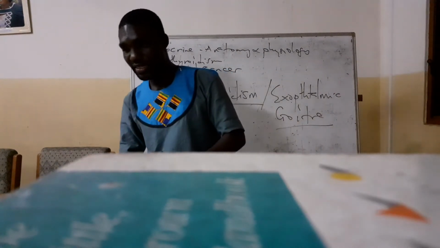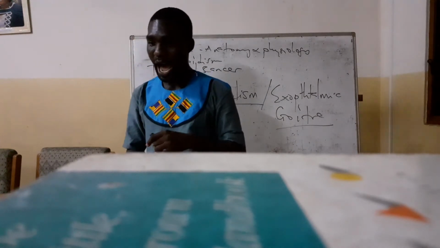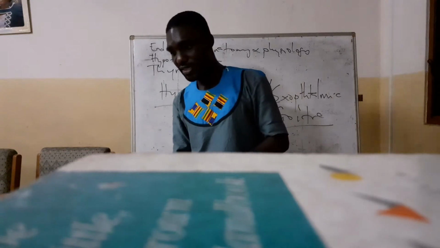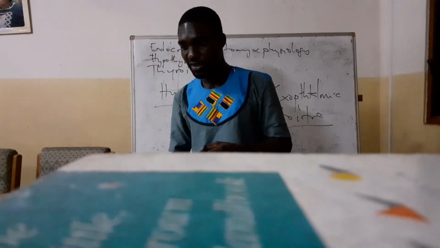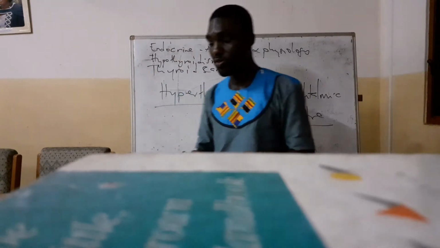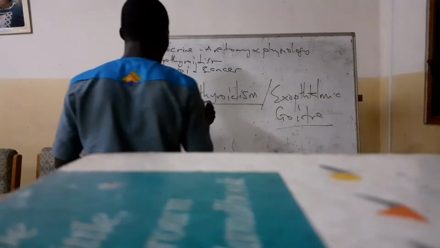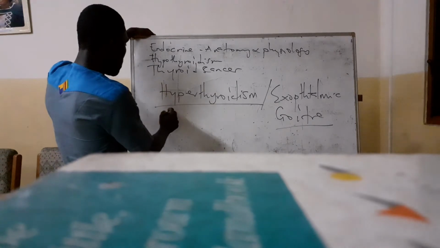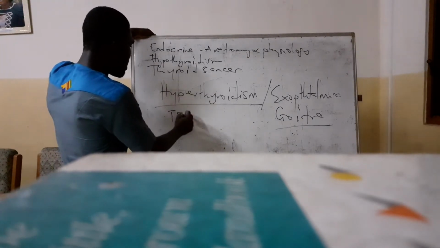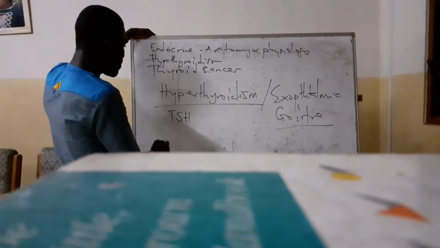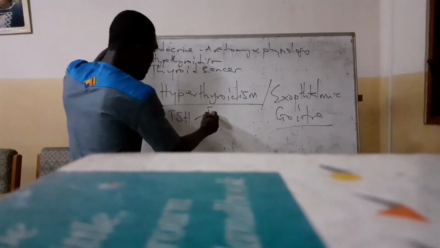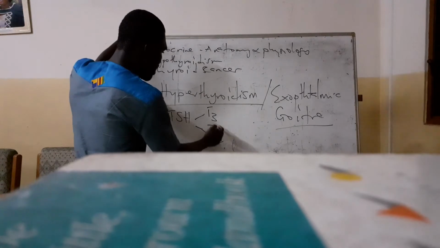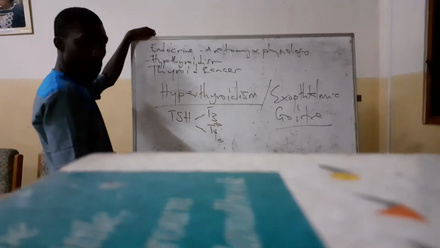Hyperthyroidism is a thyroid disorder characterized by an abnormally increased level of thyroid hormones as a result of increased activity of the thyroid gland. When we were talking about the anatomy and physiology, we talked about the thyroid hormones, the T3 and the T4 hormones.